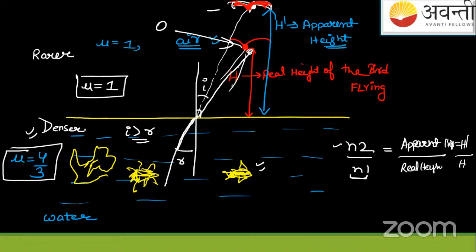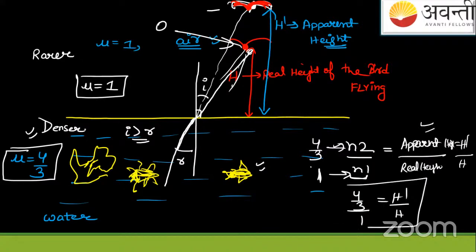Now we have to reverse the things. Got it? Here we have to reverse the things. N1 is 1, from where the ray is coming, going towards N2, that is water, 4/3. And the rest of the thing is the same. If the real height is given, this will give you the apparent height.